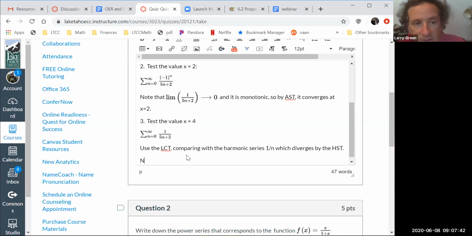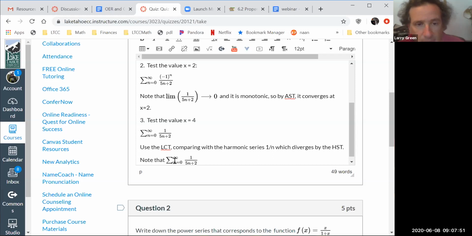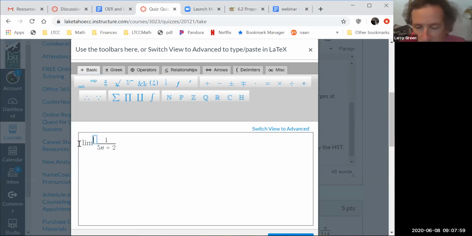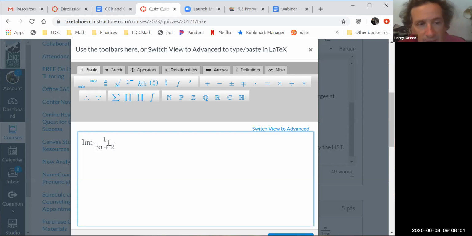And note that the limit, so let's copy paste. The limit of 1 over 5n plus 2 divided by 1 over n, which is the same thing as times n, and I'll just write n over 1.